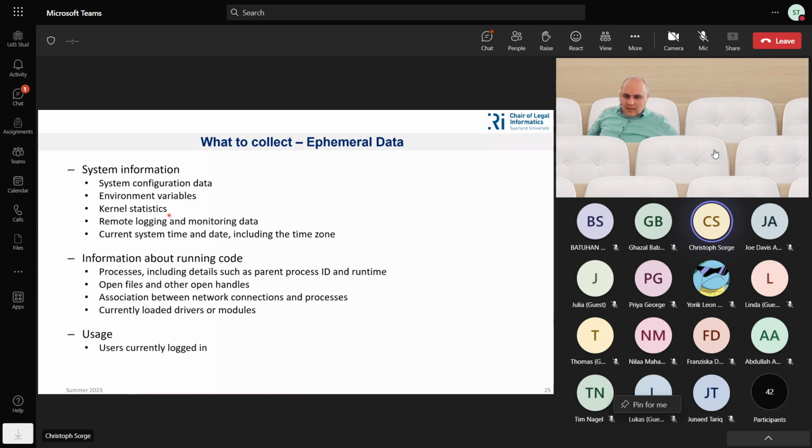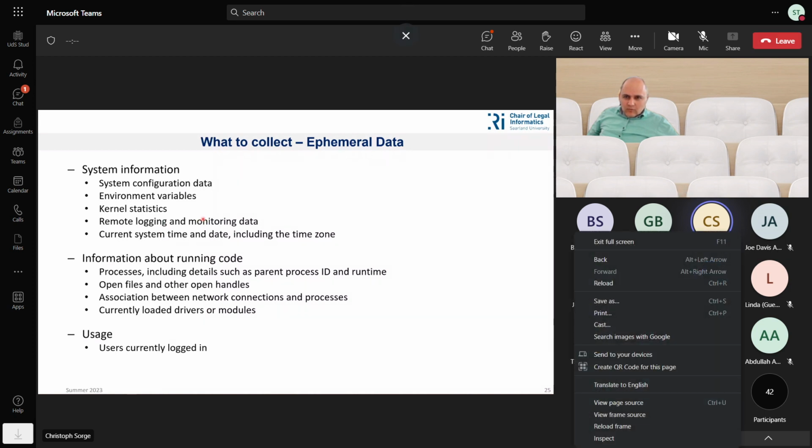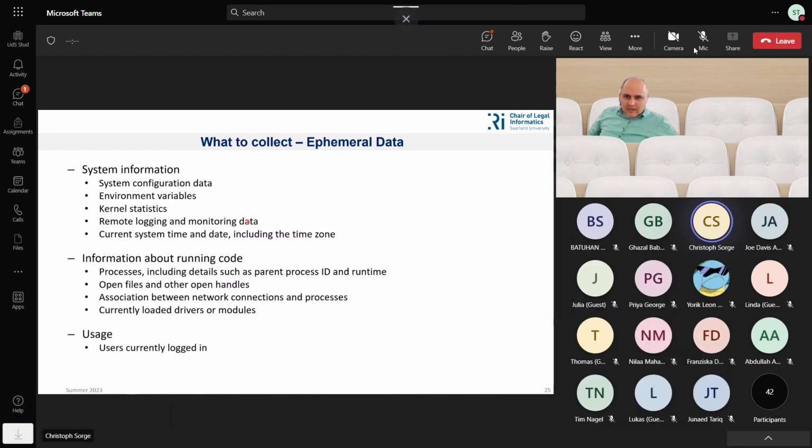Kernel statistics, which, depending on the specific operating system, might for example log the amount of network traffic. Any logging and monitoring data, either locally or remotely, like if you have set up a separate log server, then of course looking at that makes sense.